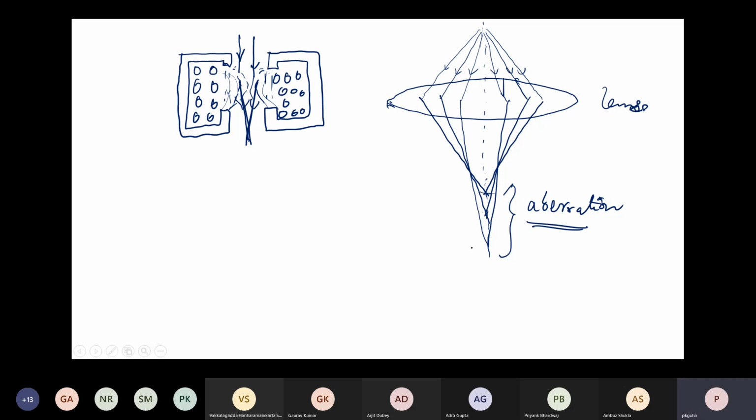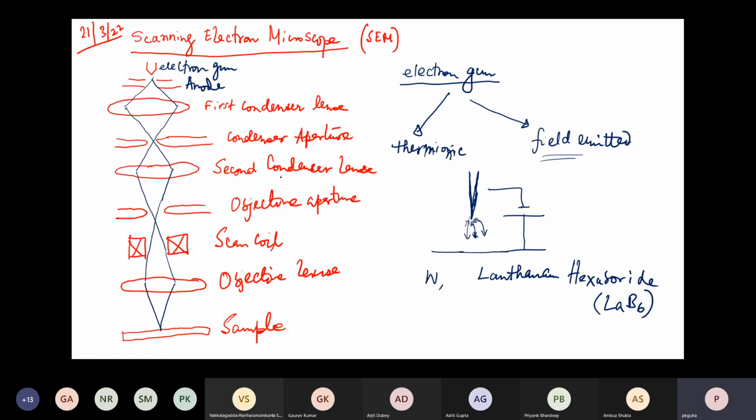You remember we mentioned there are apertures. So this is the condenser aperture, this is the objective aperture, and so on. So there will be several lenses and several apertures, right?